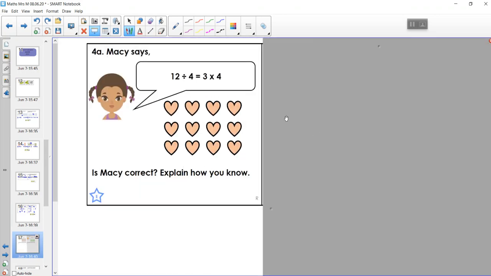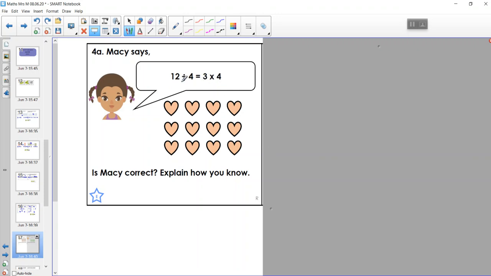So let's look at this one. 12 divided by 4. Marcy says that 12 divided by 4 is equal to 3 times 4.